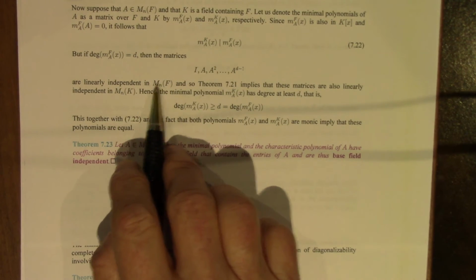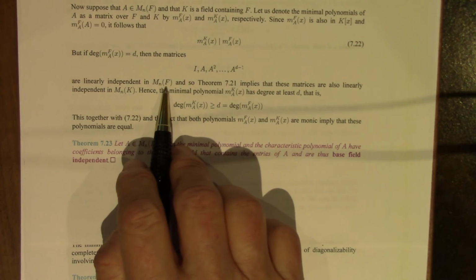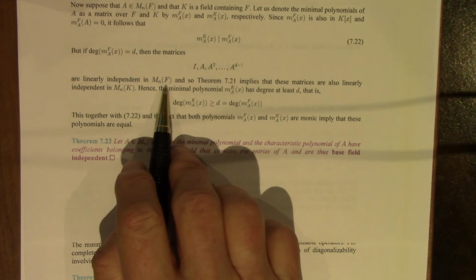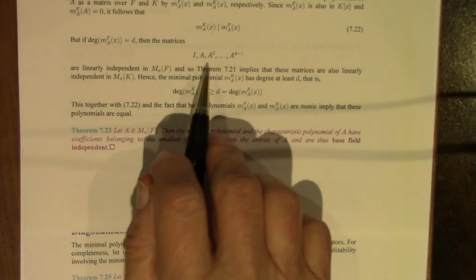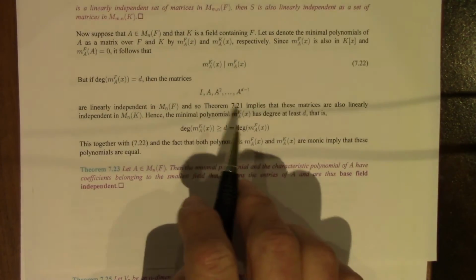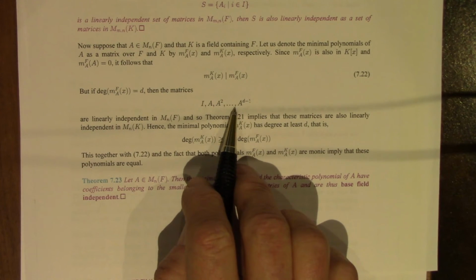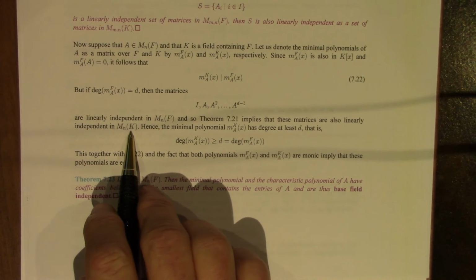These matrices we're thinking of as belonging to the matrices over F. So that's when we apply this theorem, this one here, that says, therefore, that these matrices are also linearly independent over K.